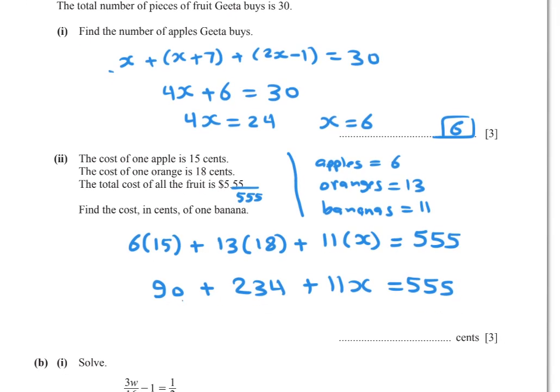Now transpose 90, add them, and move to the other side as negative. Then you have 11x equals 231. Then divide by 11, 21. So x equals 21, so 21 cents for one banana.